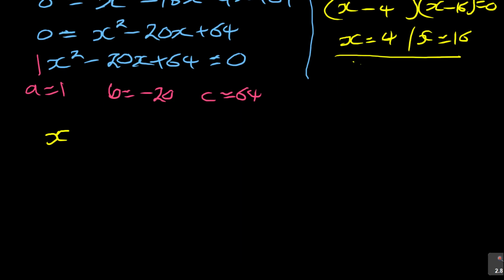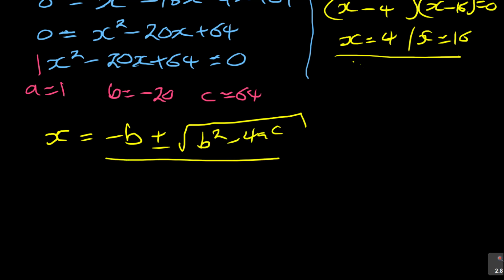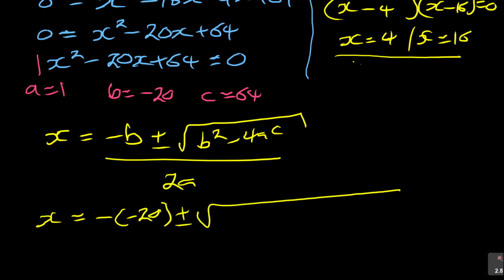Go towards the quadratic formula, which is minus b plus or minus the square root of b squared minus 4ac, divided by 2a. It's more secure, this one. Then x is equal to minus negative 20 plus or minus square root of negative 20, but remember it's in brackets, squared.